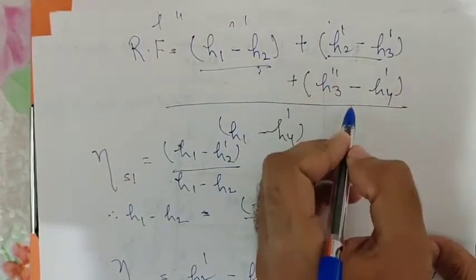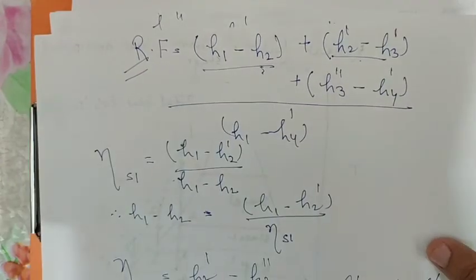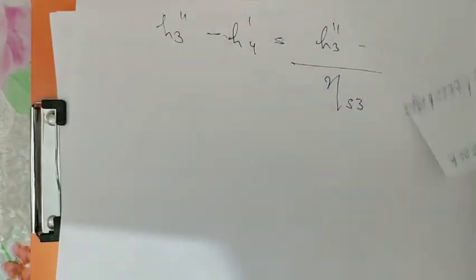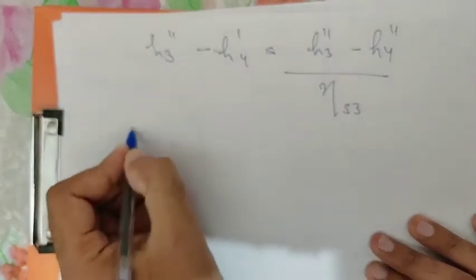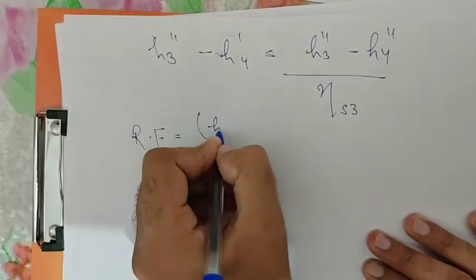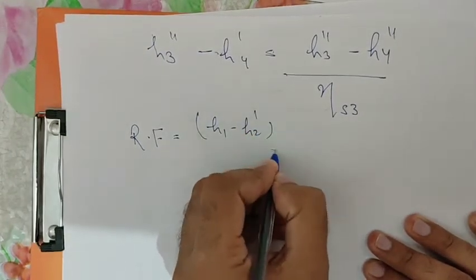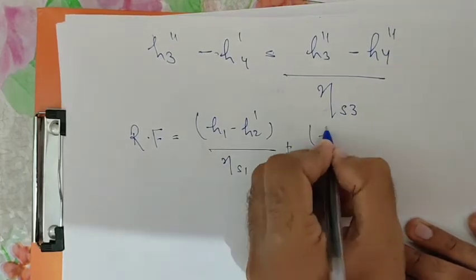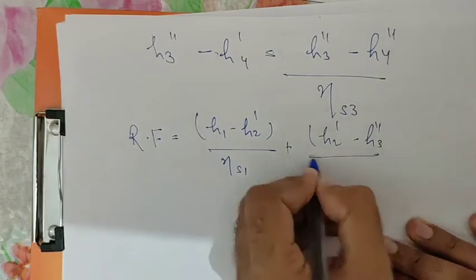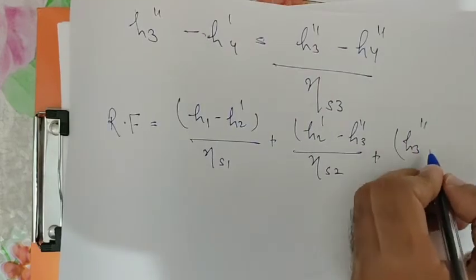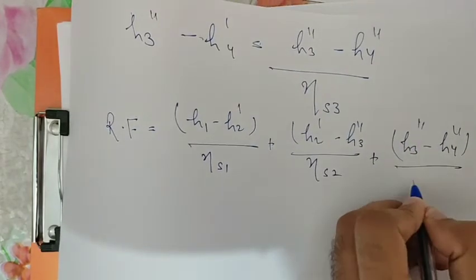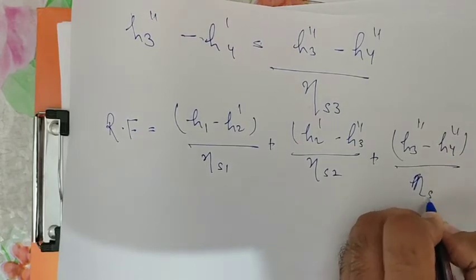Now what we have to do, we have to put the value of these three in this equation in terms of efficiency of stage. So RF is equals to H1 minus H2 dash divided by efficiency of stage 1, plus H2 dash minus H3 double dash divided by efficiency of stage 2, plus H3 double dash minus H4 double dash divided by efficiency of stage 3.